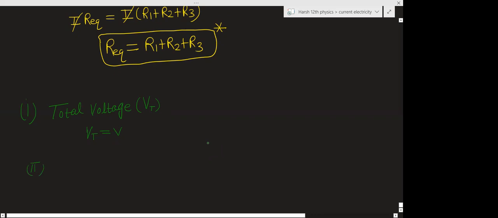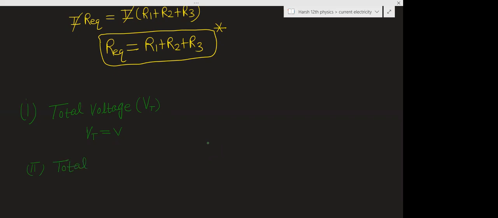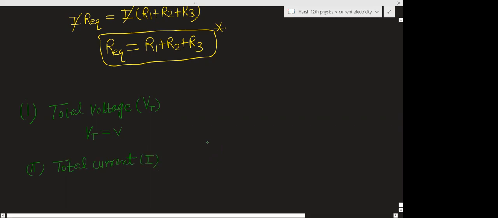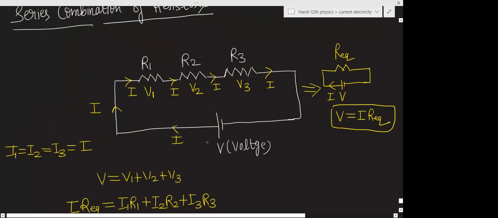Second thing, total current. See Harsh, this is very easy, you have to just apply the formula and observe the circuit. Total current, how will you calculate the total current? This is the total current. It will be I, right? And how will you calculate it?